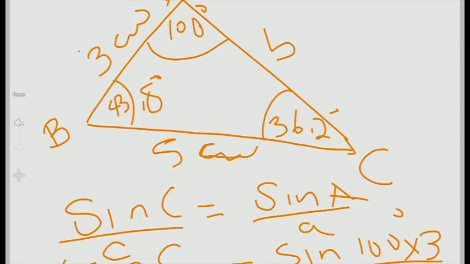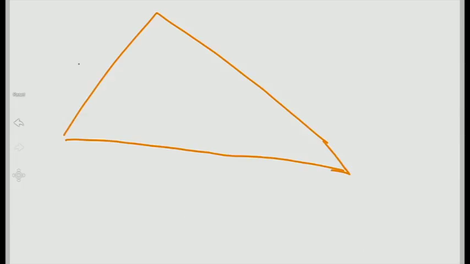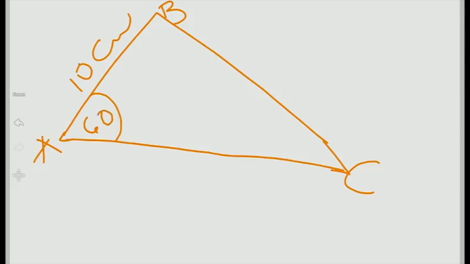But now let's look at a different triangle and try to work out whether the sine formula is going to work for us. Triangle A, B, C. Angle A is 60 degrees.